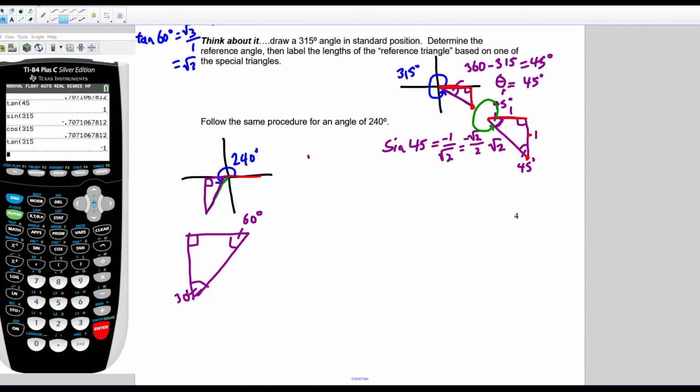Now it'll become a little bit more apparent as we label here. So the 1 stays right there, the 2 is right here, and the √3 is right there as well. So if I apply that same logic down here, the 1 is going to be right there. We have 2 as our hypotenuse, and then this side that drops straight down is going to be √3.